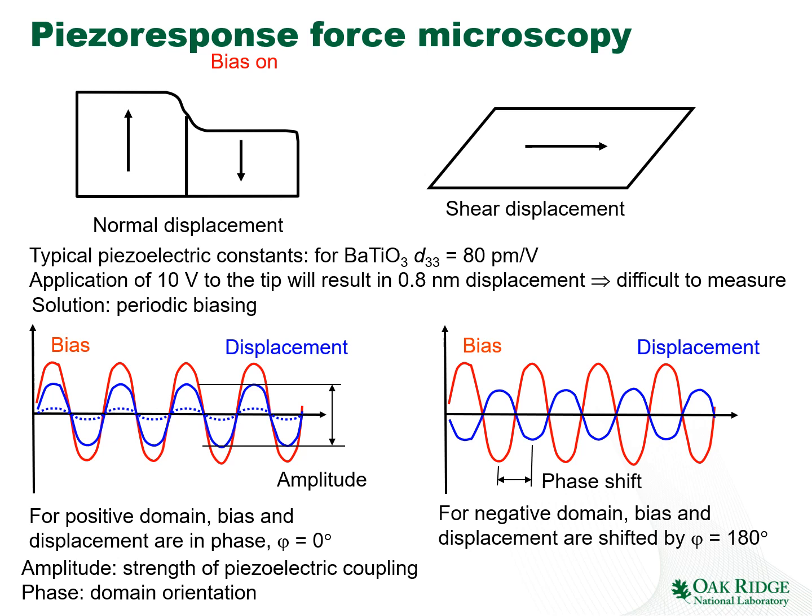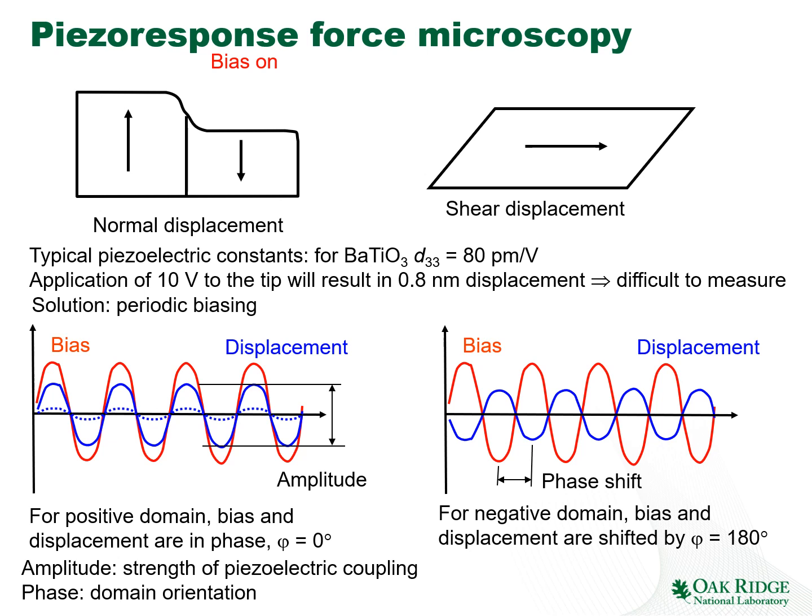So for the positive domain, the bias and the displacement would be in phase, and in this case the phase, or relative shift between the bias and the displacement, would be exactly zero. The amplitude of the displacement basically tells us the strength of the piezoelectric coupling. So we can say that the amplitude of the PFM signal is the strength of the piezoelectric coupling, and phase is the domain orientation.